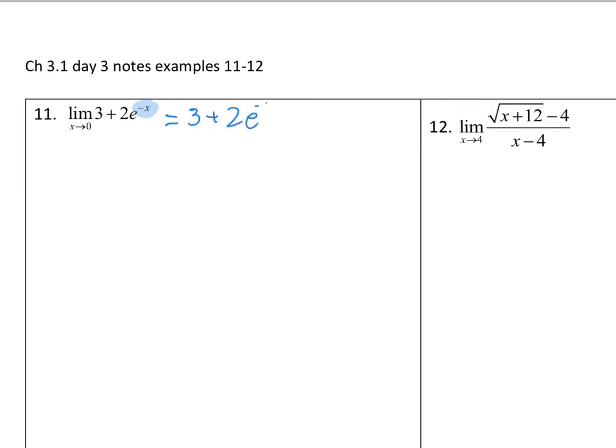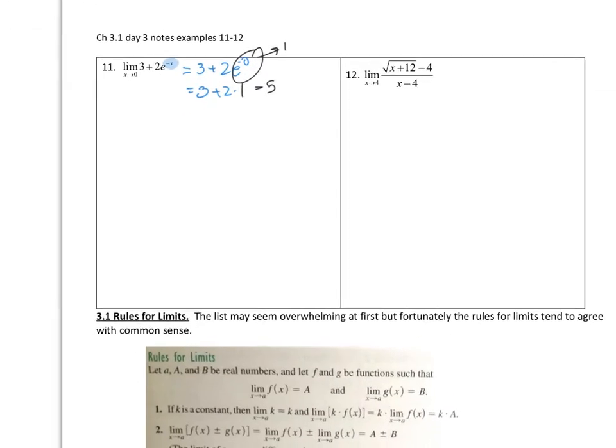I'm just going to write the little negative, even though it's 0. If you recall, this is 1. Anything to the 0 is 1. So this is what we have, and we get 5, which is all you needed to do for this one.